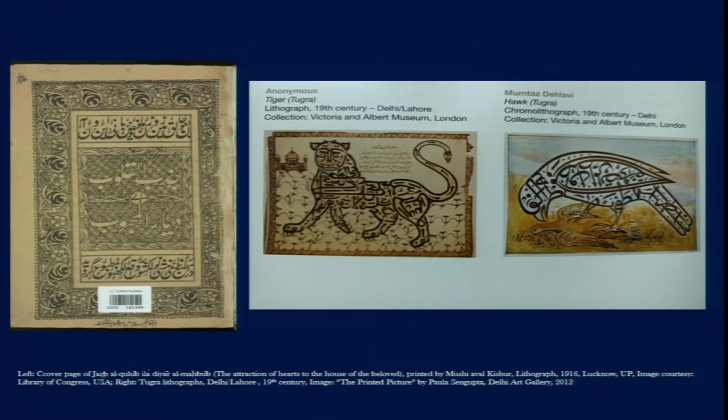So this is something that we find, how these Tugra lithographs a lot of times were also functioning as broadsheet prints, as the Battala prints. Sometimes people would also believe that they have talismanic power, and also they are devotional images. So the ones within these frames would be collected by the devotees, and sometimes they would be framed on the wall and kept in the houses for the protection as well as for the prosperity of the residents.